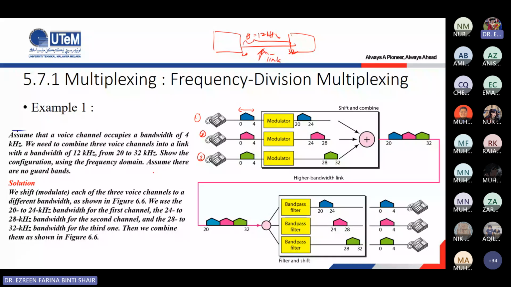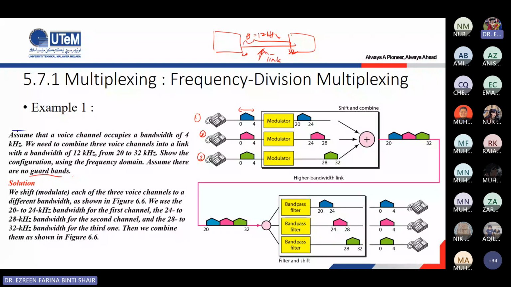The question asks you to show the configuration using the frequency domain. Assume there are no guard bands. So this is the answer basically. You have 3 voice channels, each with a bandwidth of 4 kilohertz. You want to multiplex these 3 signals so that they can be sent into a single link.